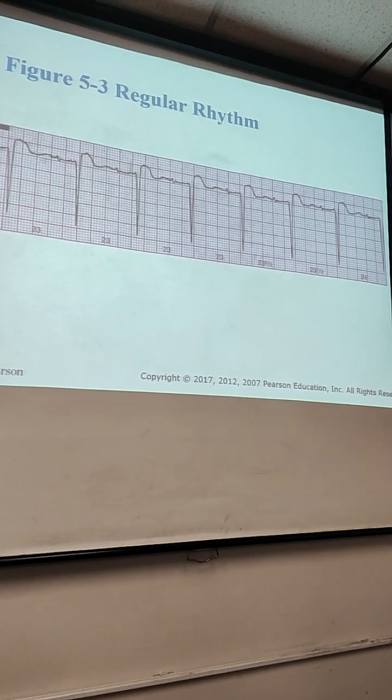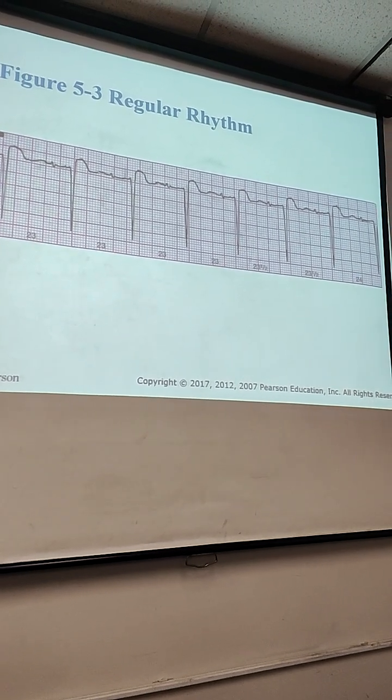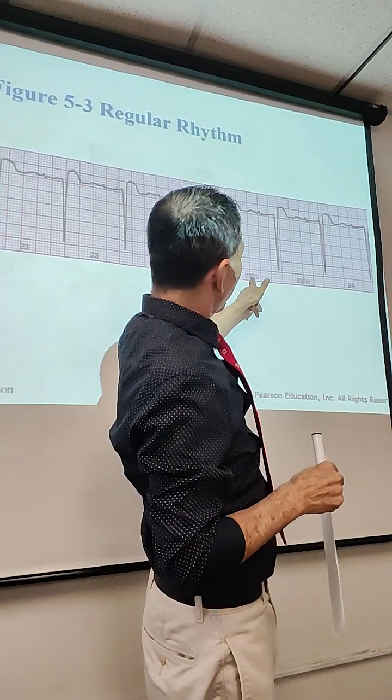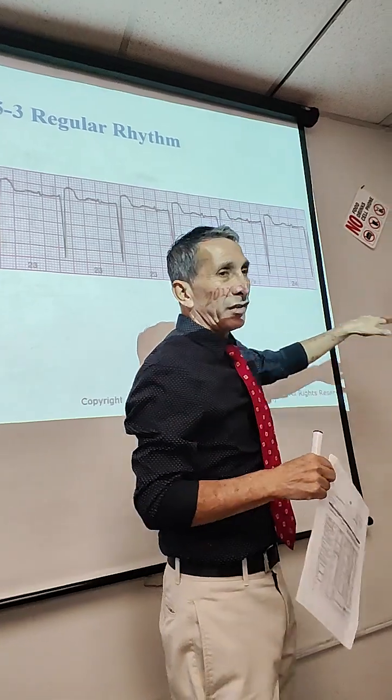I'm going to tell you a few exceptions to the rule. If you look at the numbers right here, this is 23, 23, 23, 23, 23 and a half, 23 and a half, 24.